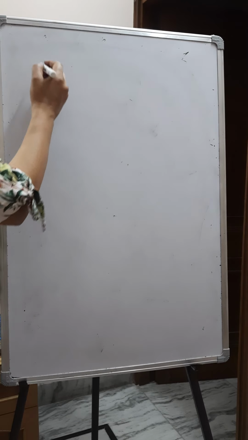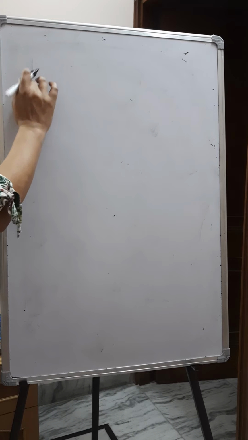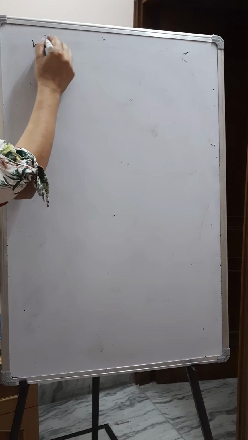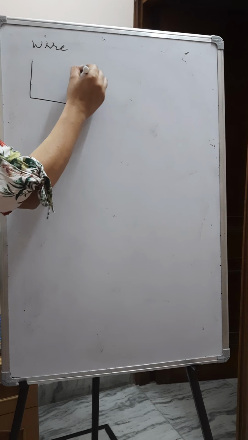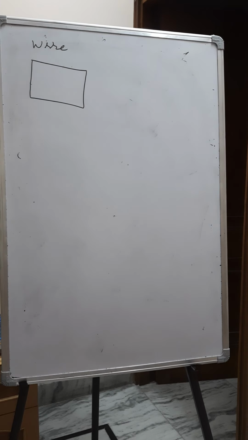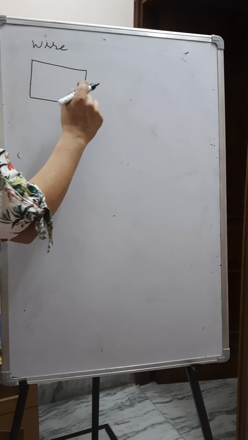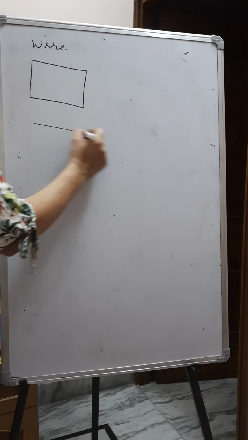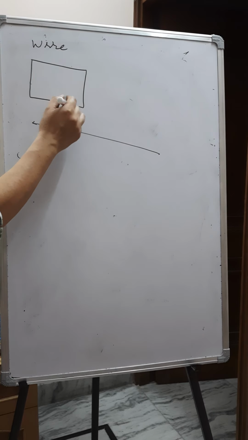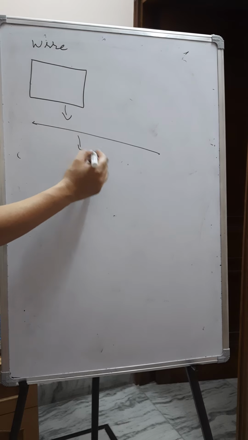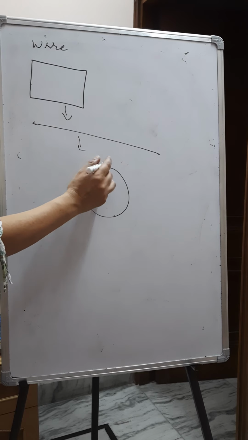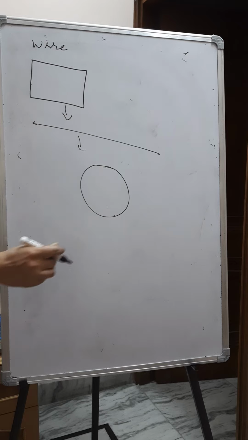Transformation. If we are given a wire in the form of a square, and this wire is bent, made straight from the square to this shape, and from this shape to a circle.